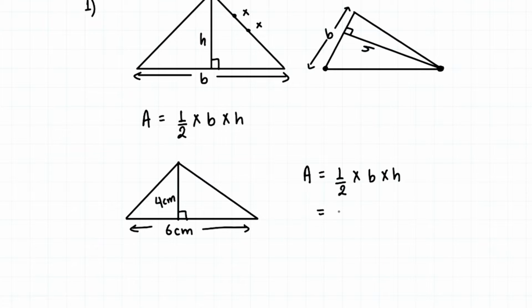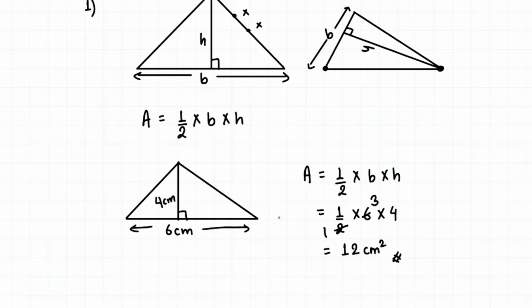So we have our 1 by 2, times our base, 6 centimeter, times our height, 4 centimeter. We can cut this 2 and 6: 2 times 1 is 2, 2 times 3 is 6, and 3 times 4 is 12 centimeter square, and that's our area of the triangle.